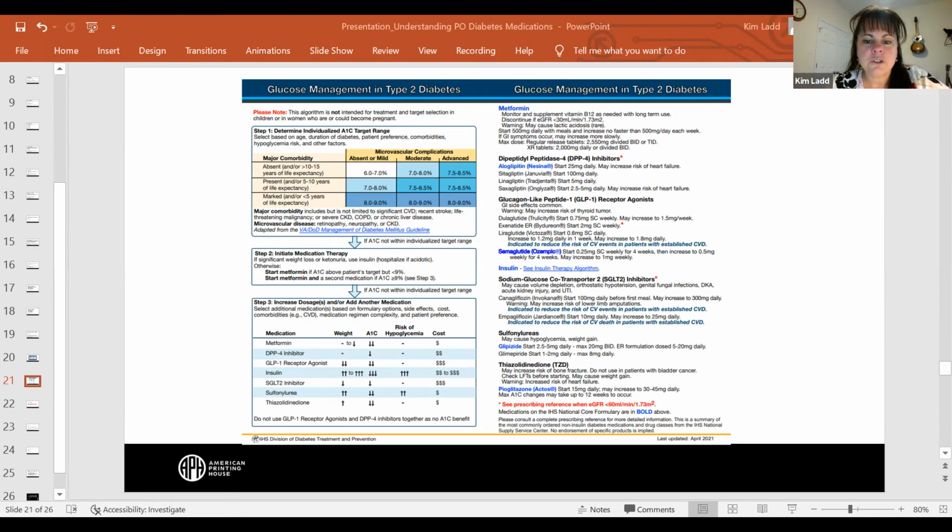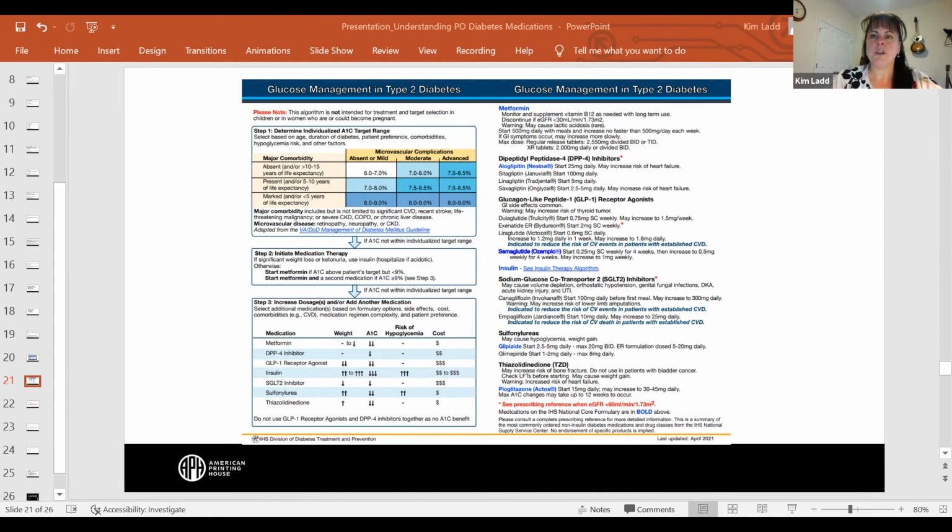So you're on those two, and then you still are not reaching the target level of 7% or below in your A1C, then there's another section over here that kind of explains if you need to add another medication, this is what you should add and why. So I just wanted to let y'all know that's kind of how they do it. What medicine they pick depends on the desired outcome, which is to lower your blood sugar level.